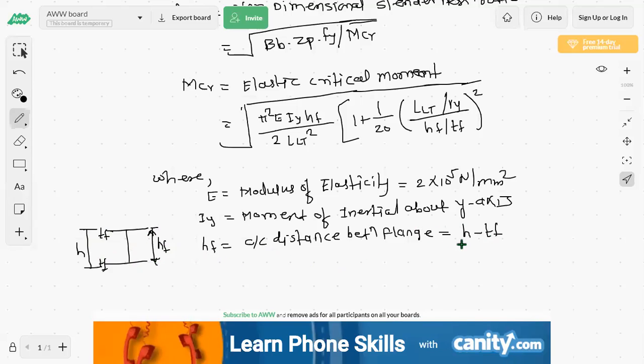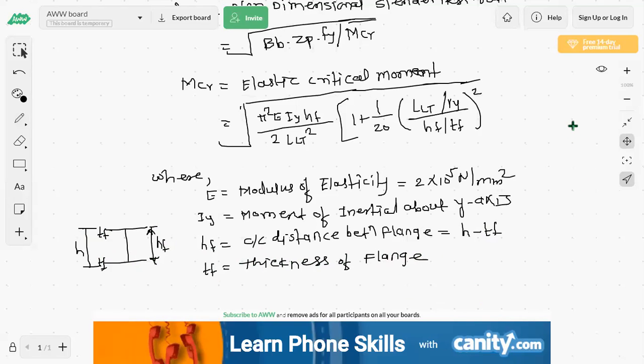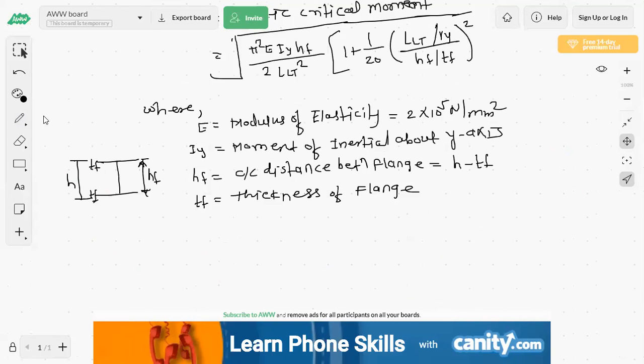So HF is calculated by H minus TF. Then what is TF? TF is the thickness of flange.